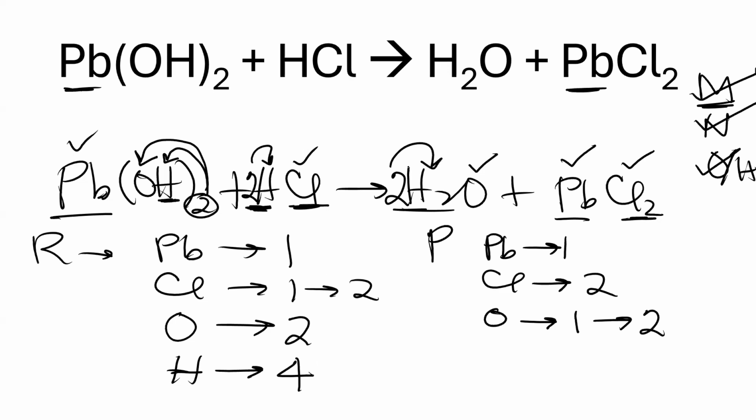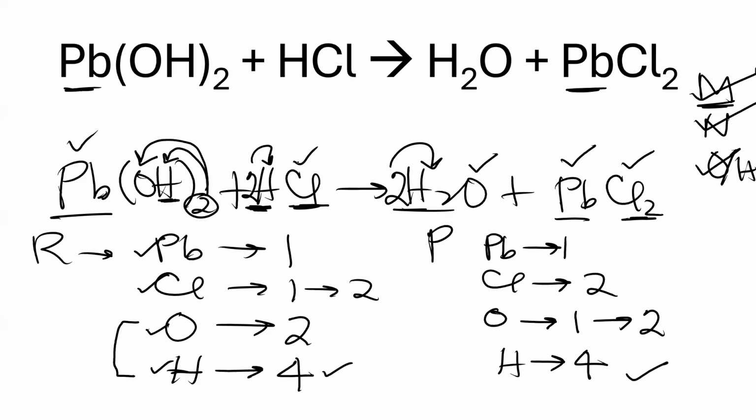And for the product side, you also have 4 hydrogen atoms balancing the hydrogen atoms in the equation. So you notice that if you start by balancing the metals, non-metals first, other than oxygen and hydrogen, you realize that balancing oxygen and hydrogen can follow easily, right?